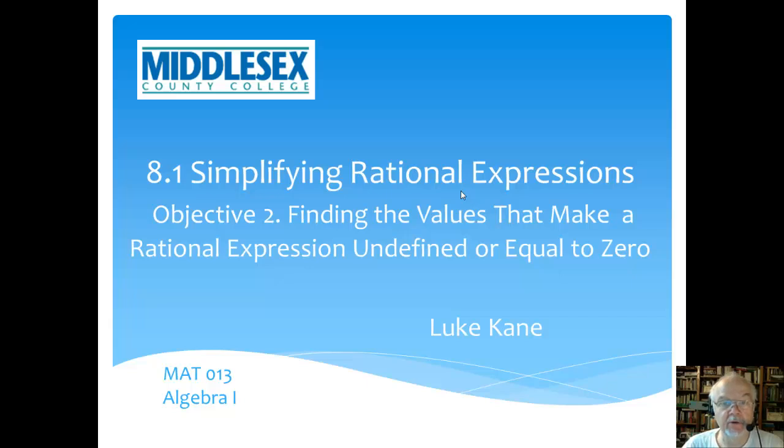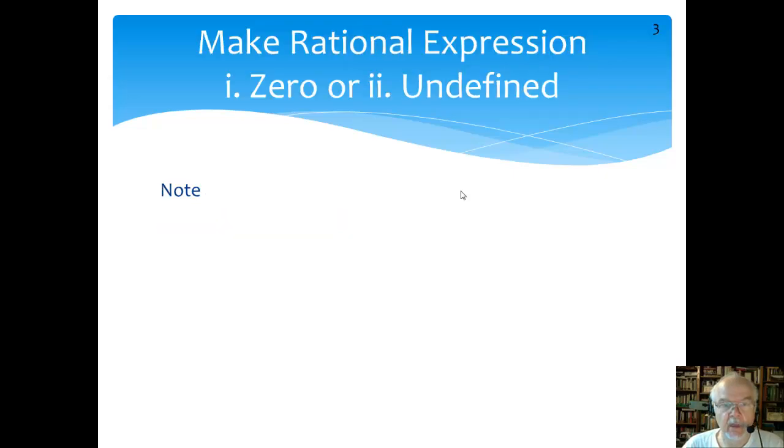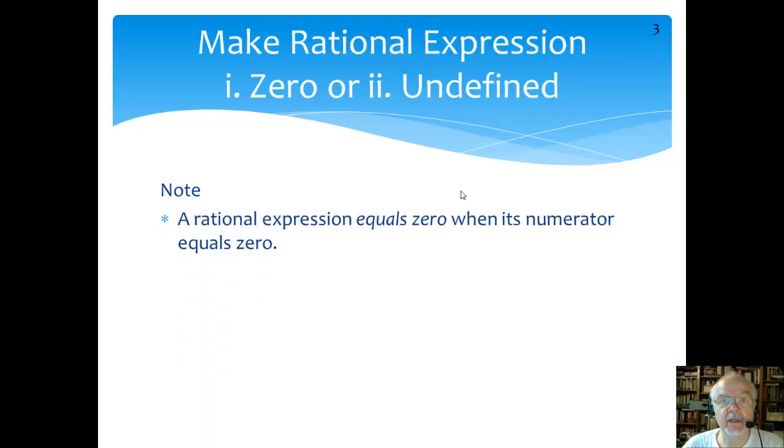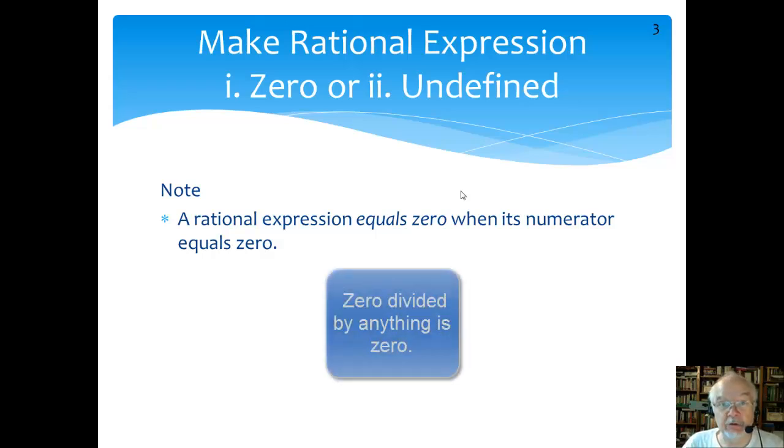Today we're going to continue to simplify rational expressions, and specifically we're going to look for the values that make a rational expression undefined or zero. Basically, there are 2 points that need to be kept in mind during this exercise. A rational expression equals zero when its numerator is zero. And that seems reasonable enough because 0 divided by anything is going to be 0.